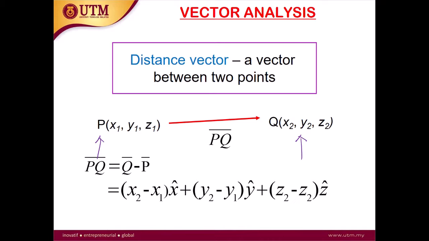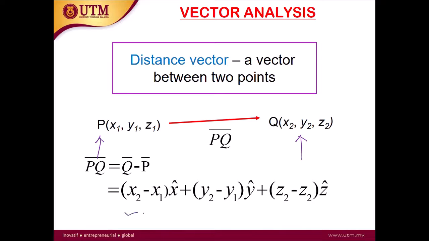To find the vector PQ bar between P and Q, you subtract the initial point P from the destination point Q. So Q bar minus P bar. And then we split into each component, x, y, and z.